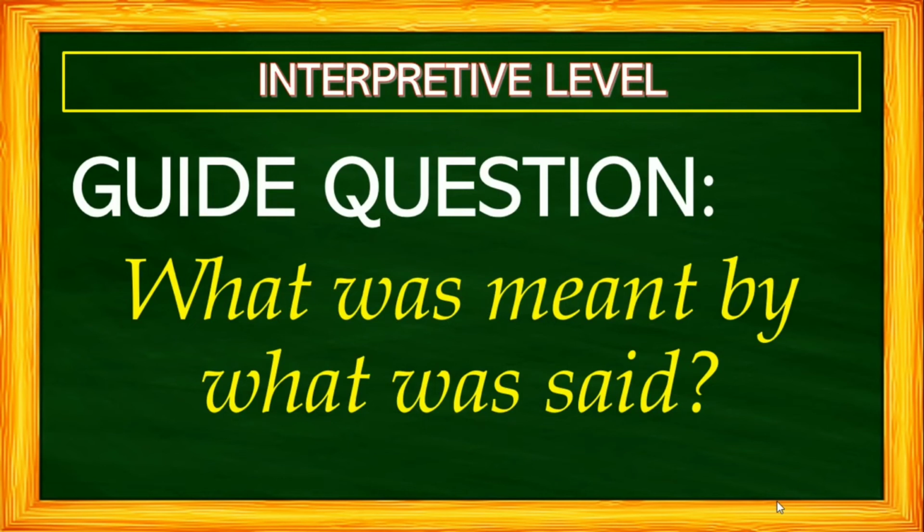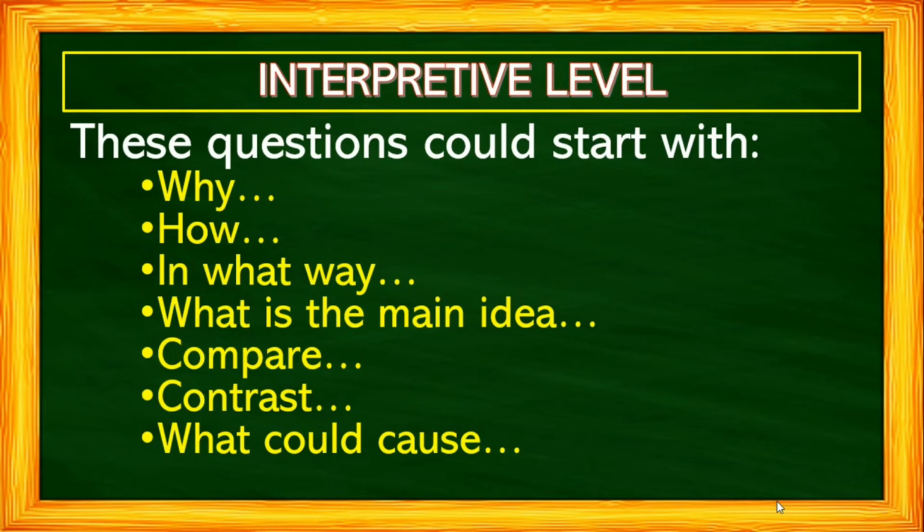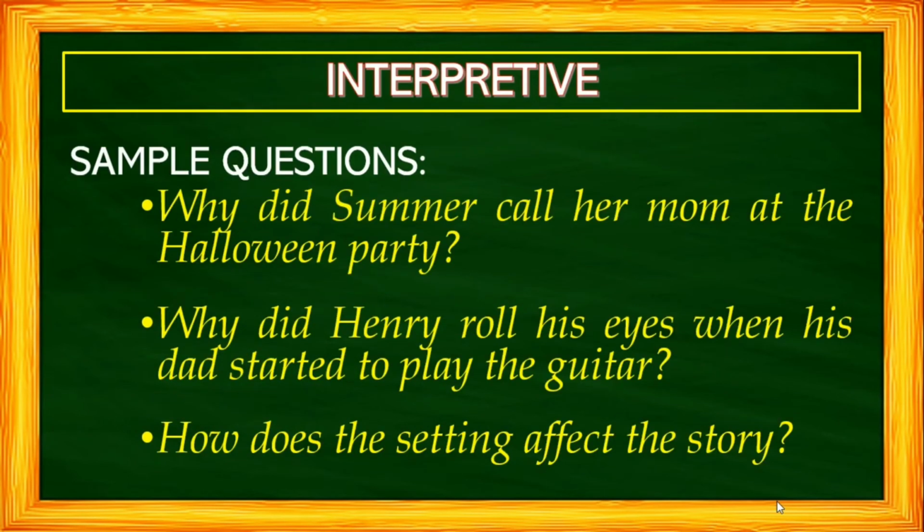To develop our interpretive level of comprehension, this will be our guide question: What was meant by what was said? Under interpretive level, the questions could start with why, how, in what way, what is the main idea, compare, contrast, what could cause. Let me give you some sample questions under interpretive level.